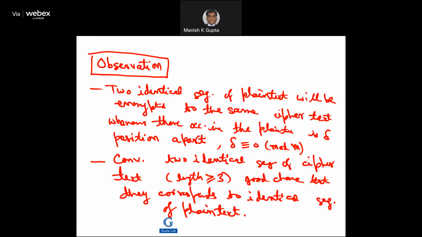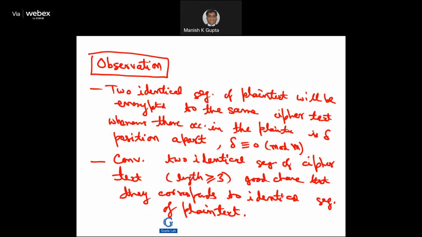in the plain text. Suppose the same text is encrypted, giving you the cipher text, and in some other place the same text comes again, like for example CHR is coming. Basically there is a correspondence between plain text and cipher text, and they should be at the same distance apart. So two identical segments of plain text will be encrypted to the same cipher text whenever they occur in the plain text.